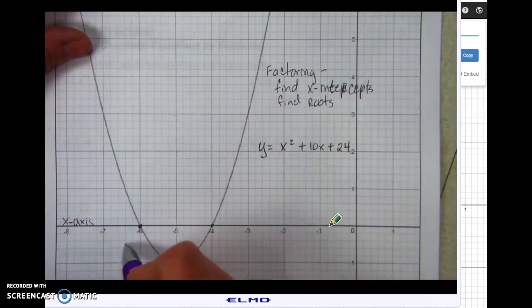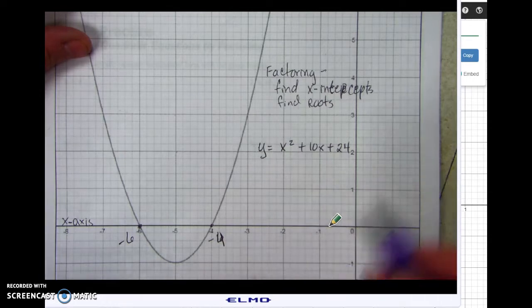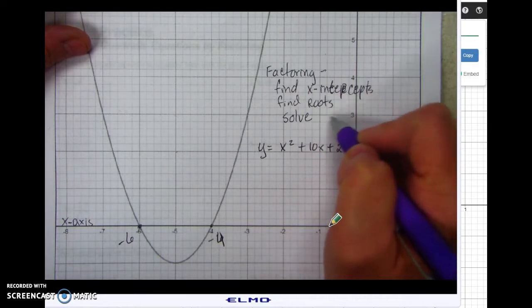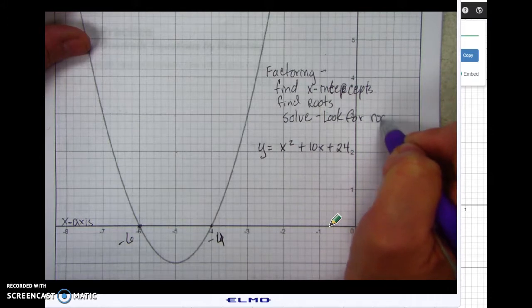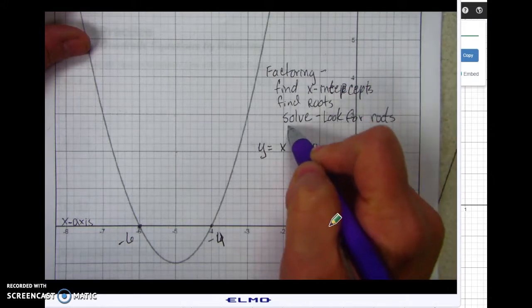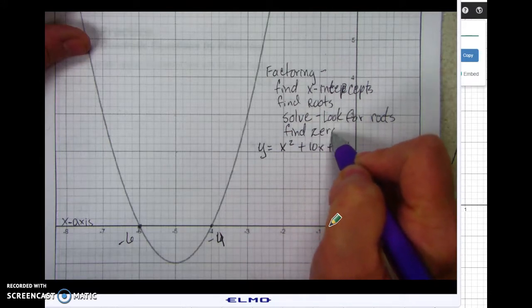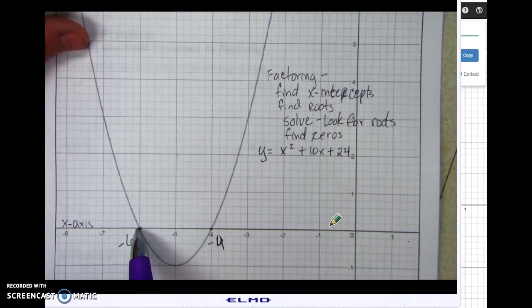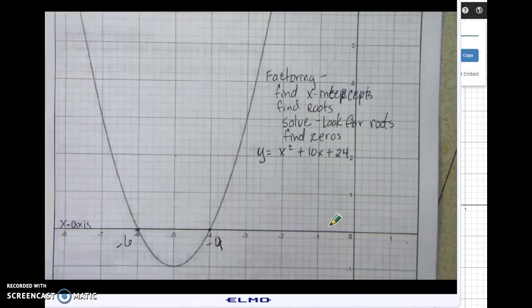These two numbers, -6 and -4, are also called the roots. When we say solve, that also means look for roots, or find the zeros. Those are all different ways that we would be saying, look for the place where this graph crosses the x-axis.